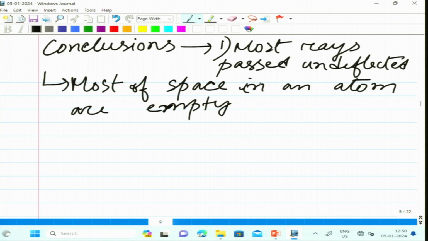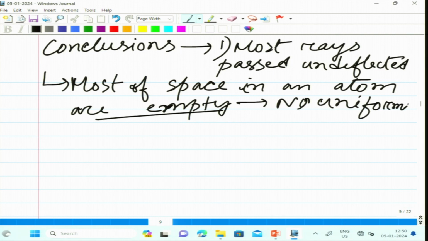But when some of the rays deflected and some passed undeflected, it was concluded that most space in an atom is empty. So, no uniformity. This rejected Thomson's model.